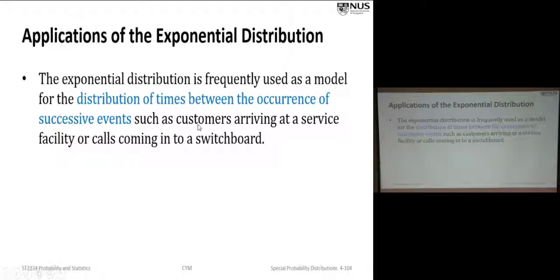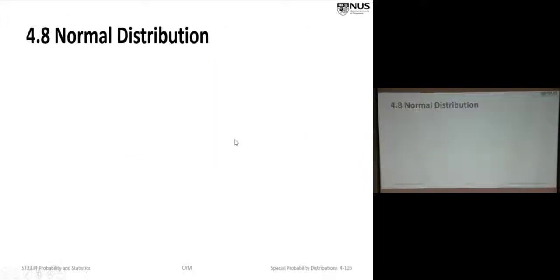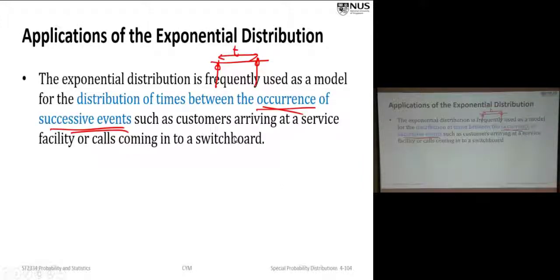The exponential distribution models the time between occurrences of two successful events. You can think of it this way: this is one occurrence, this is another occurrence, and the time for the next occurrence can be modeled using the exponential distribution. So it's quite natural.